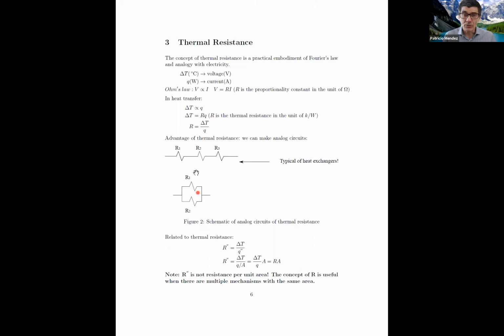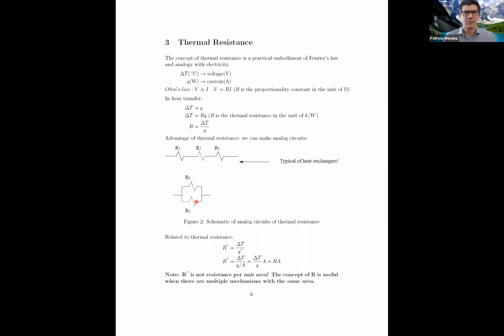But in addition to this, we can say, okay, how about parallel resistors, like this one here? For example, this is the case of a surface that loses heat by convection, and at the same time loses heat by radiation, right? This is so cool.